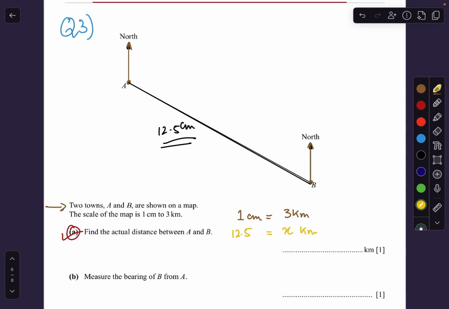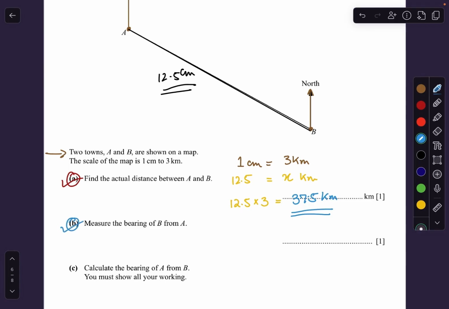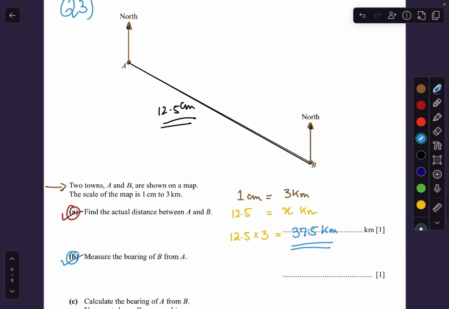So for finding the kilometers, we'll do the cross multiplication, or you can simply multiply this 12.5 by 3. After multiplying by 3, you'll get the actual distance, which here equals 37.5 kilometers. It means the real distance on the ground is 37.5 kilometers.